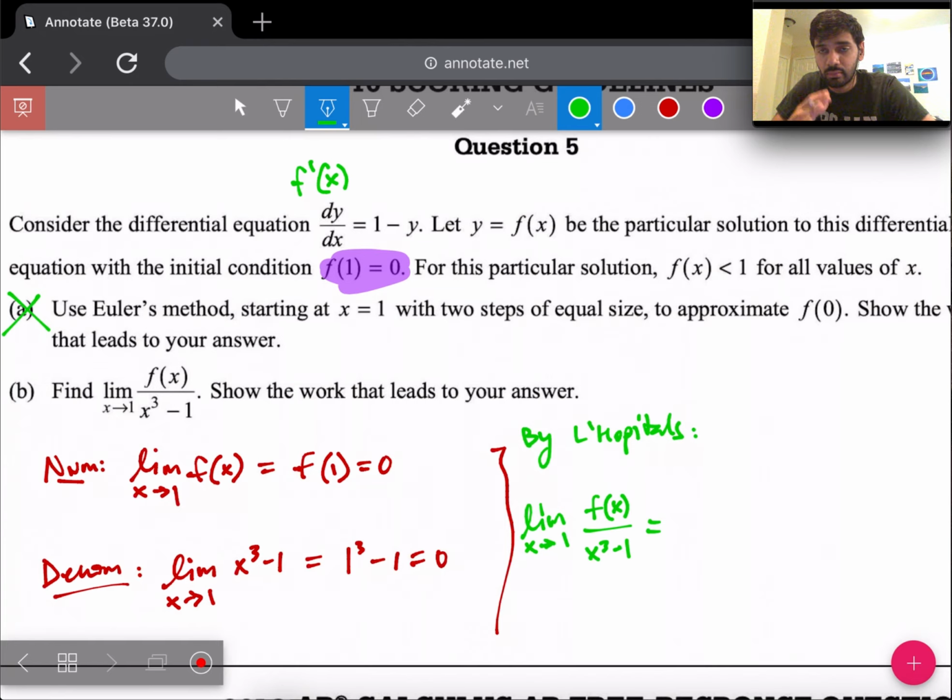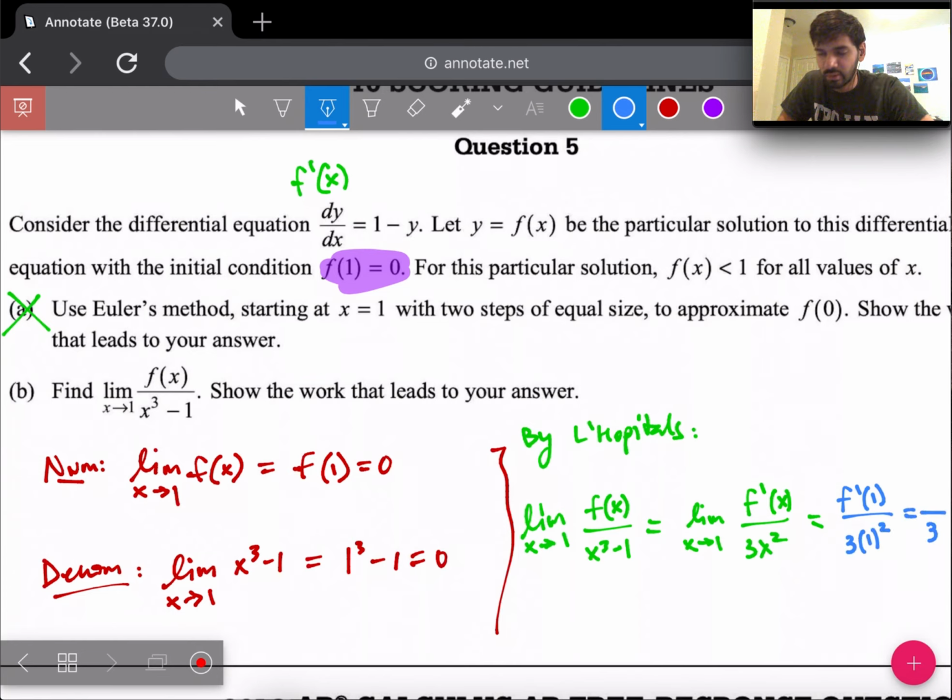Now I can write the next limit as x approaches 1 for the derivatives here. So the limit as x approaches 1, f prime of x over 3x squared, the derivative of the denominator. So f prime of 1 over 3 times 1 squared is just 3.